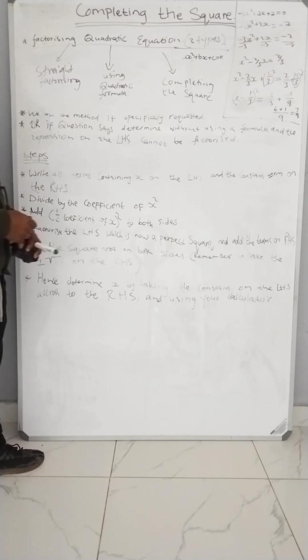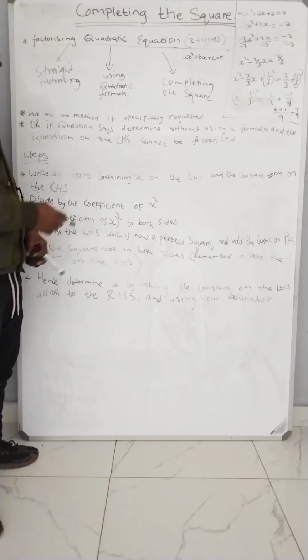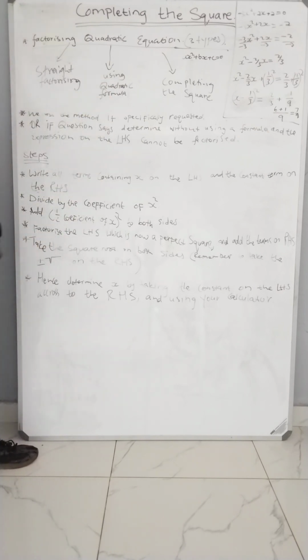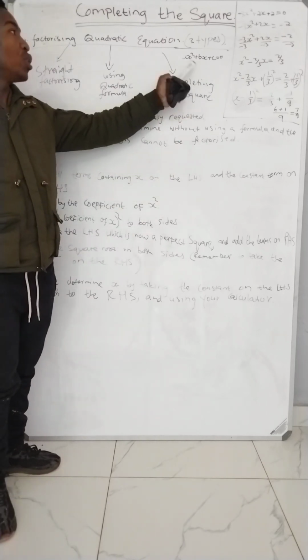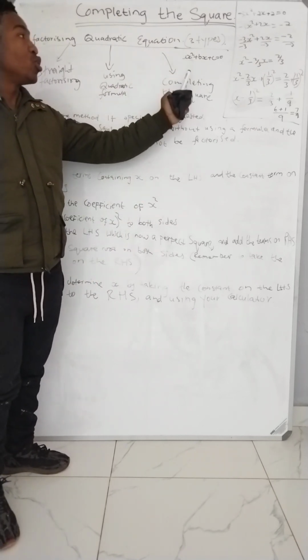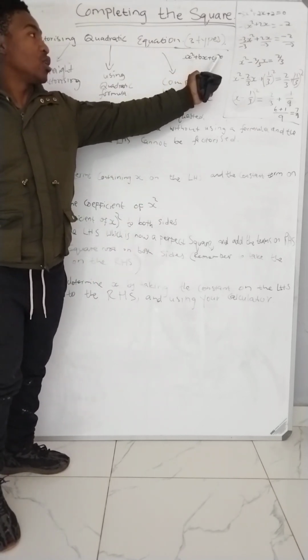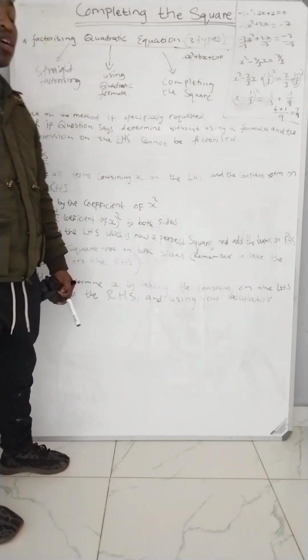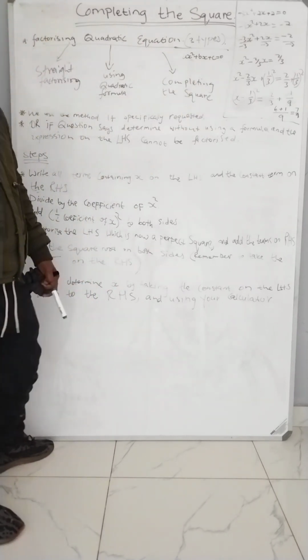The other way of factorizing is by using the quadratic formula. First you put your equation in standard form. When we say the equation is in standard form, we mean that you have a 0 on the right hand side of the equal sign.